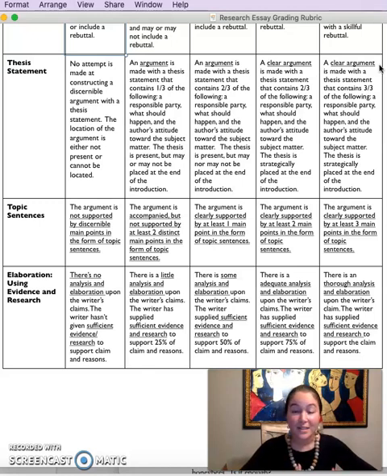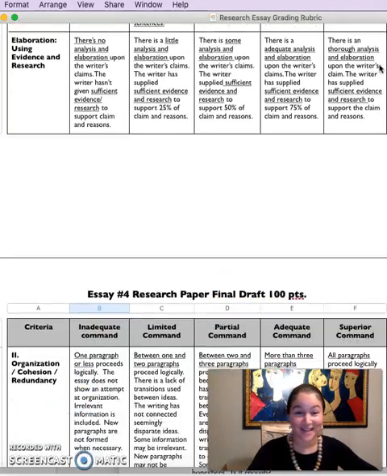So this is saying that when you include research, when you include sources from other people, that you're not just kind of dropping them in, but you're actually working them into your writing, that you're actually providing a thorough analysis and elaboration upon your claim and the sources that you include. You should supply sufficient evidence and research to support the claim and the reasons that you're presenting. Okay, so that's that category.